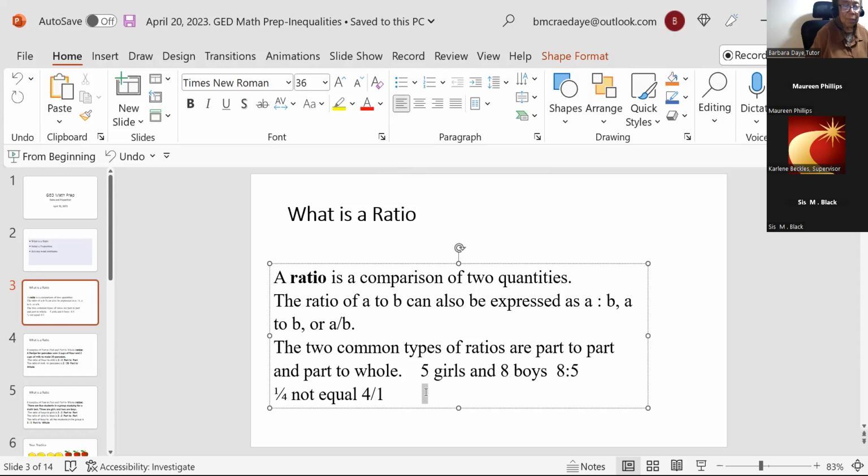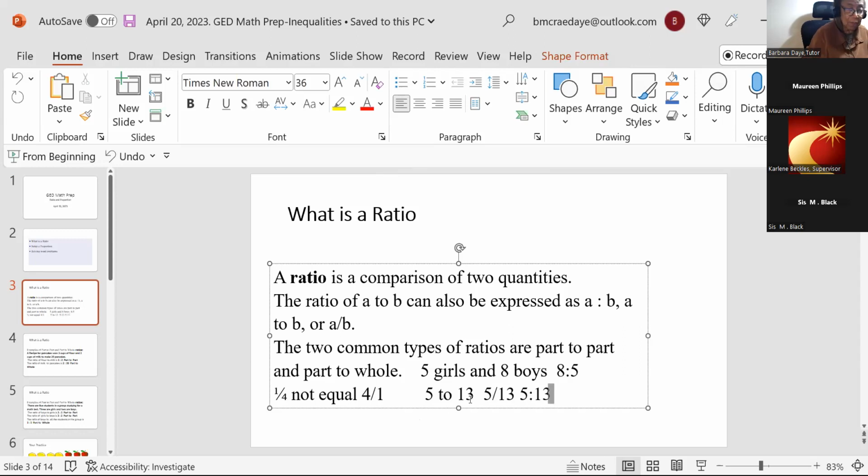Oh no, it's 5. 5 what? And what's the total? 13. That's right. So 5 to 13. Or you could say 5 over 13, right? Or you could say 5 colon 13.